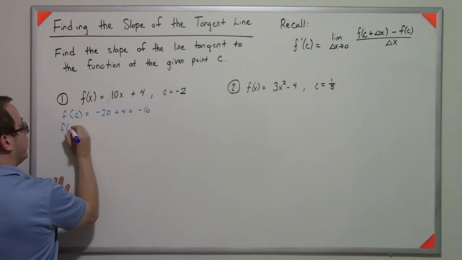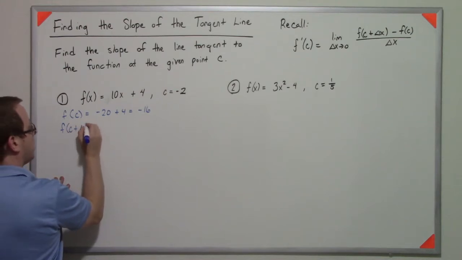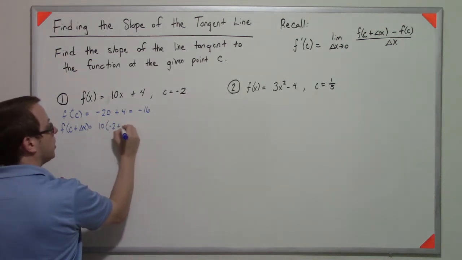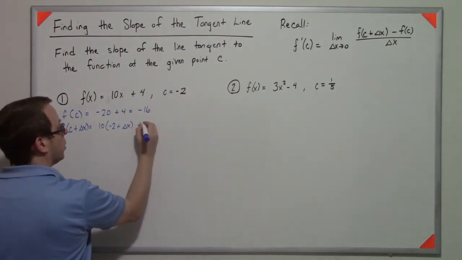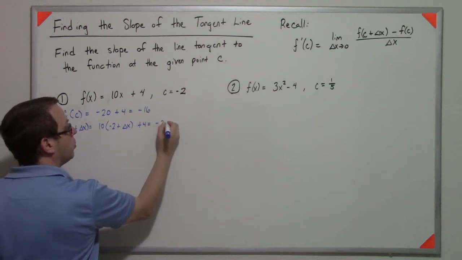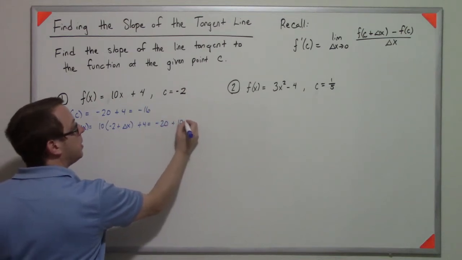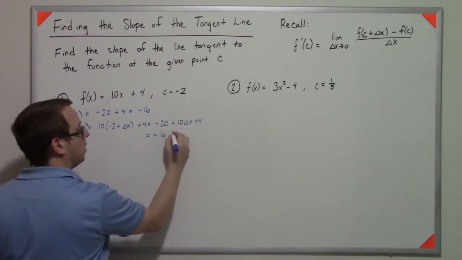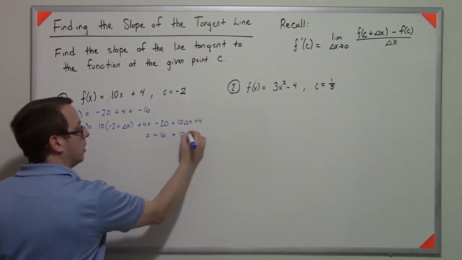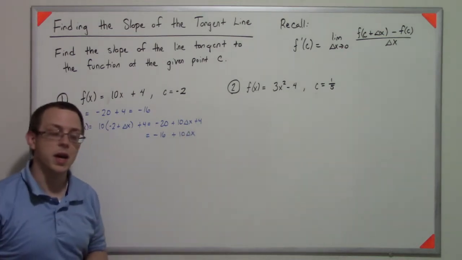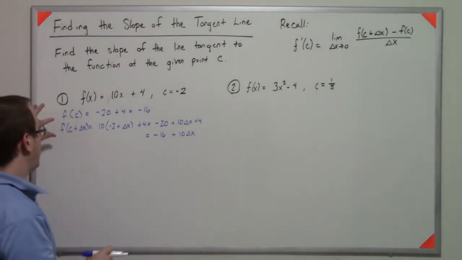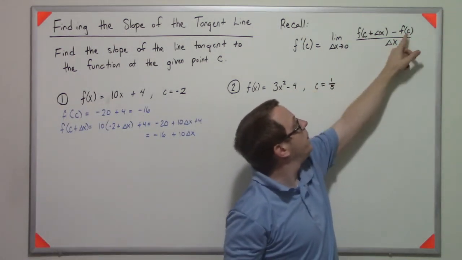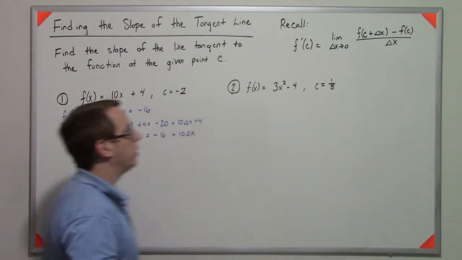And f of c plus delta x is 10 times negative 2 plus delta x plus 4, which is negative 20 plus 10 delta x plus 4, which is negative 16 plus 10 delta x. So I have this piece and that piece. So we have to find this piece and that piece, and then we divide by delta x.